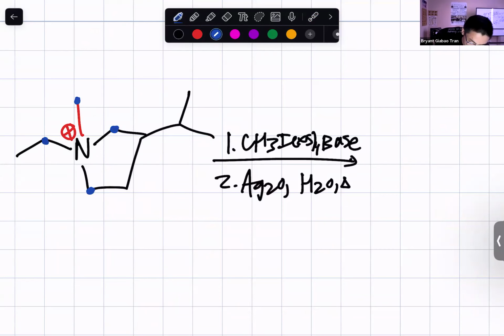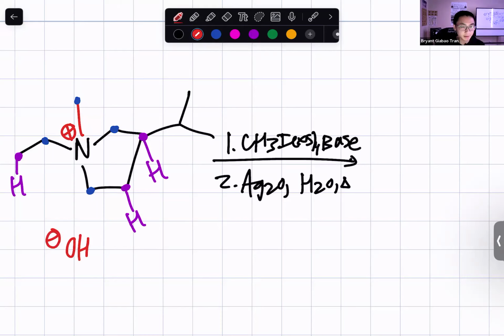Then I find my beta carbons, which are a carbon away from the alpha carbon, and I draw out at least one beta hydrogen for all beta carbons. From here, I choose my least substituted beta hydrogen for the Hofmann E2 product, so that's the left one right here.